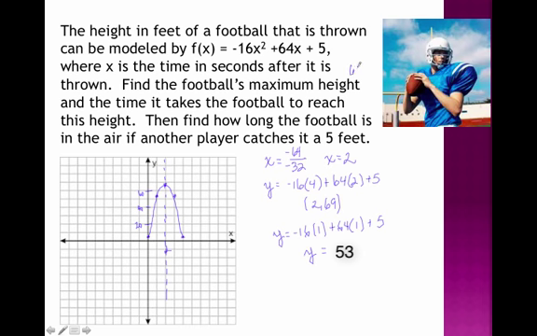So I'm at 69 feet. The next question is how long it takes to reach that height. Well, that's my x value, because remember, this is time. It reached that height at 2 seconds. Then I want to know how long the football's in the air until it's caught at 5 feet. To get all the way back to where it started is going to be 4 seconds. So it was in the air for 4 seconds total.